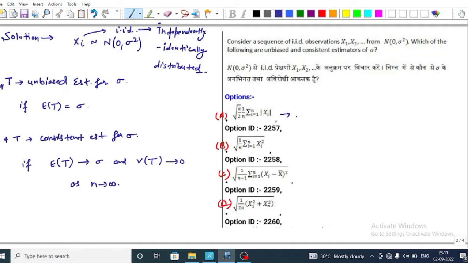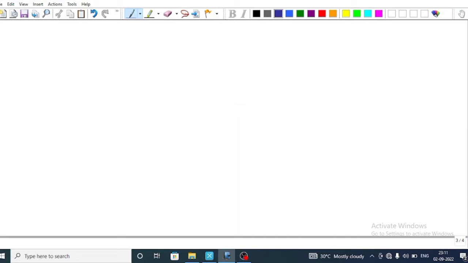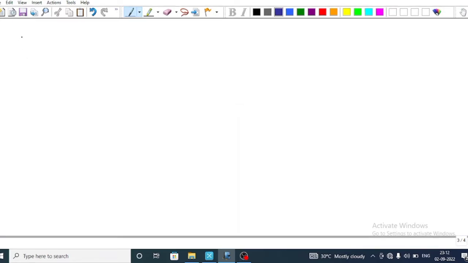Firstly, I label them T1, T2, T3 and T4. Now come to first option. T1 equals to pi upon 2 into 1 upon n summation i equals 1 to n mod of xi.